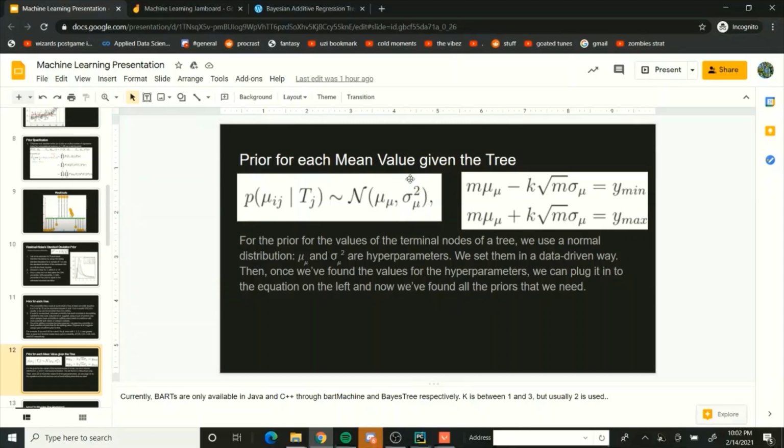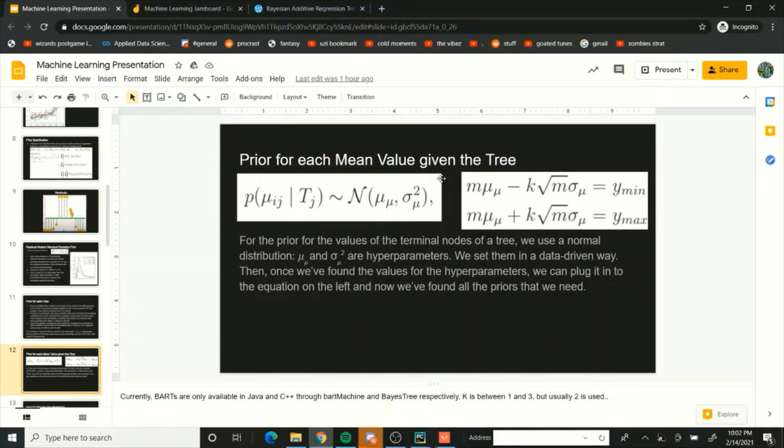So since there's m number of trees and each tree uses this same normal distribution, that means that if we want to calibrate the normal distribution in such a way that it's in the ballpark of the data, what we do is, okay, there's m normal distributions combined to get this new total normal distribution of the data.